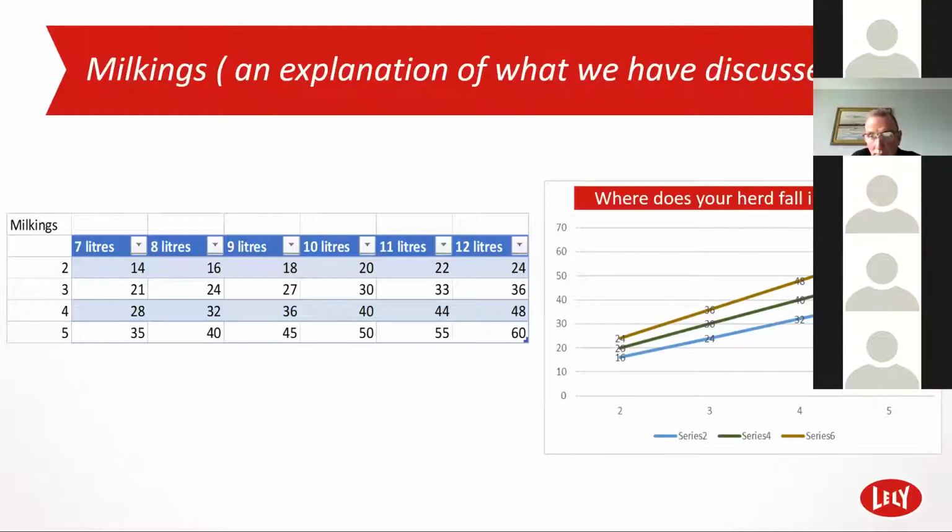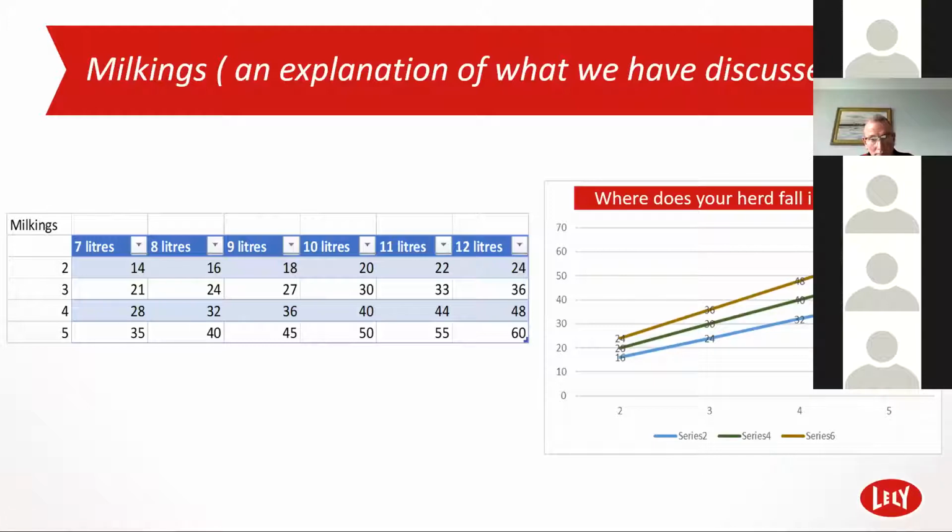So if we use the example of the 30 litre herd, you can see there we'd have them right across to 10 litres to get 3 milkings a day. And I just made this little graph that shows it a wee bit clearer.